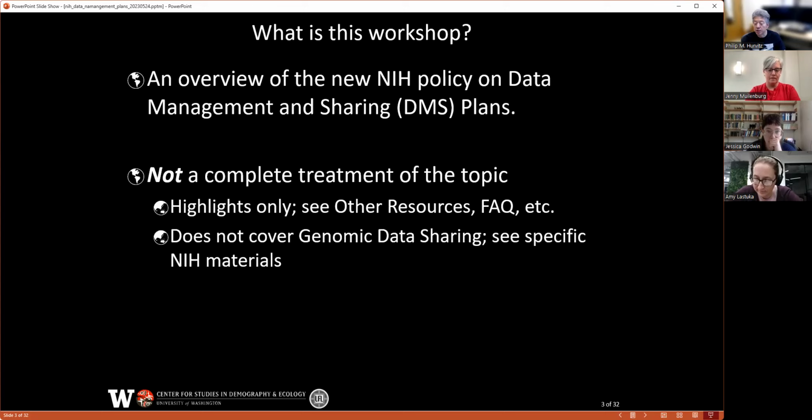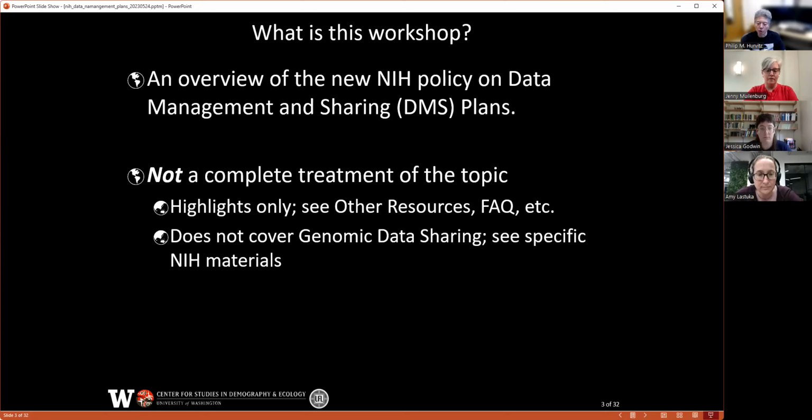Another limitation is that I am specifically not addressing genomic data sharing. There's a whole set of regulations and requirements for that. The reason that we decided not to cover that is because CSDE really focuses mostly on the social sciences.